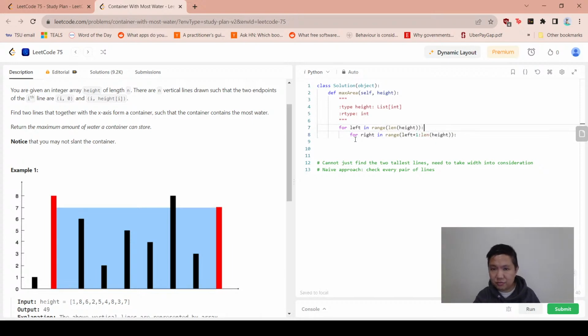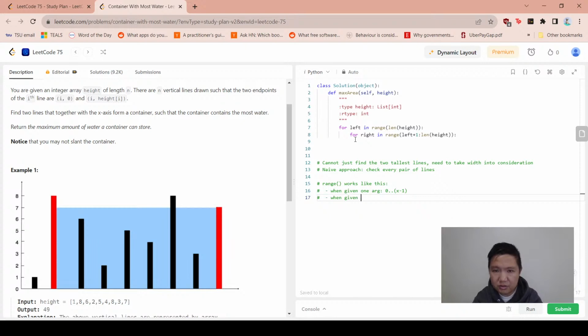So as a reminder, the notation here is basically the way range works. When given one argument x, it goes from 0 to x minus 1.